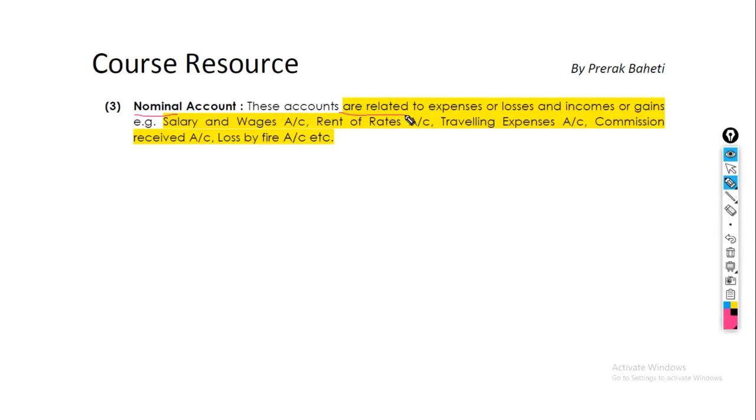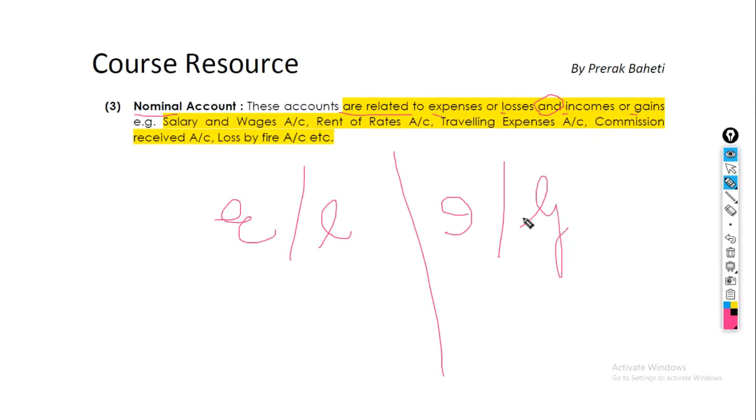Nominal accounts are accounts that are related to expenses or losses and incomes or gains. Whenever a transaction occurs, it can be an expense or loss, or an income or gain. Examples are salary, rent, traveling expense, commission received, which is a gain, and loss by fire, which is a loss.